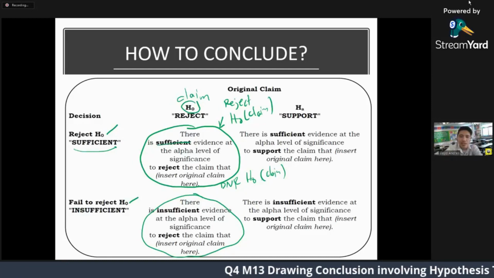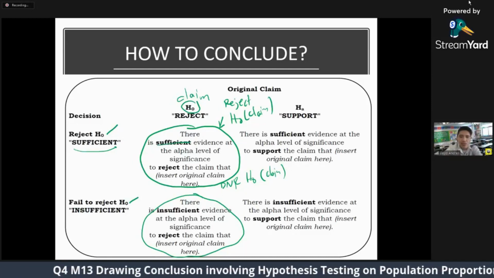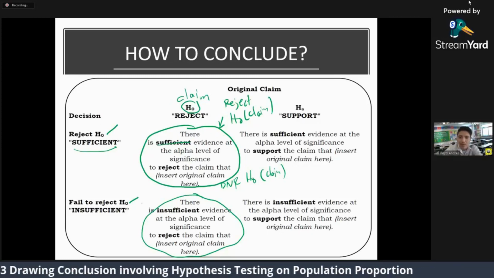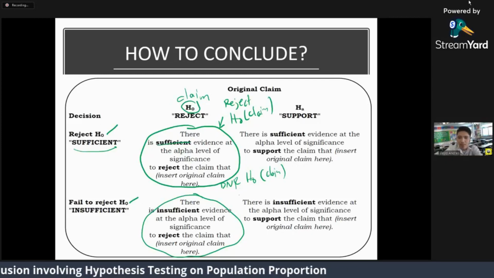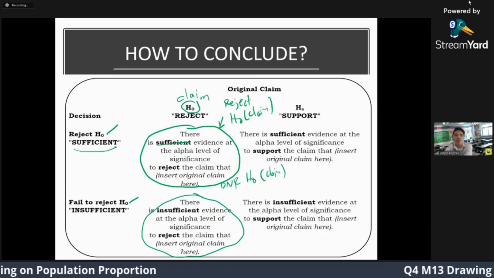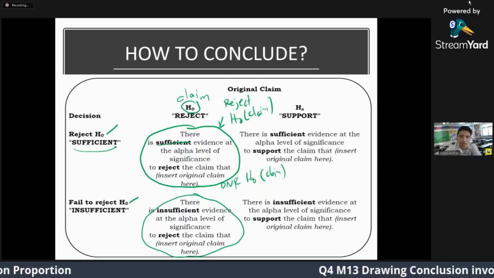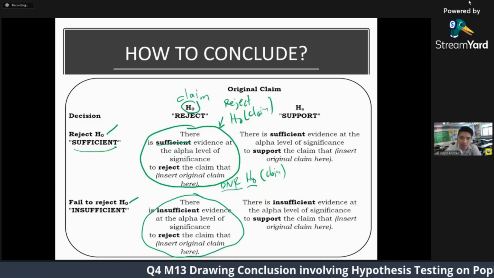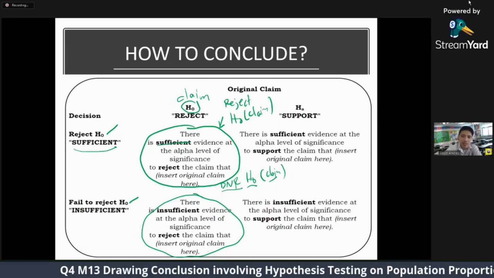So, pag-ingan ang situation, ang imuhang gamiton is there is insufficient evidence at alpha equals to blank to reject the claim. Again, do not reject HO ang decision, tapos claim imong HO.